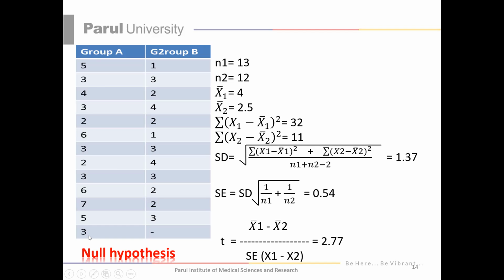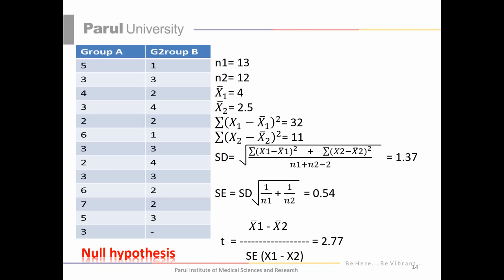The arithmetic mean for the first group is 4, the arithmetic mean for the second group is 2.5, summation x1 minus x1 bar whole square is equal to 32, summation x2 minus x2 bar whole square is equal to 11, and the combined standard deviation for these two groups is 1.37, and the standard error of difference of mean is equal to 0.54.